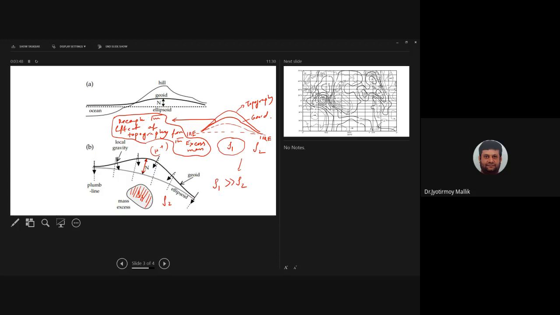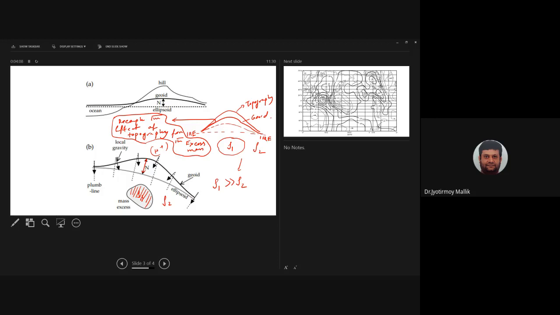Because as you know, one of the major reasons for which we study geophysics is to explore such excess masses from beneath. Okay.